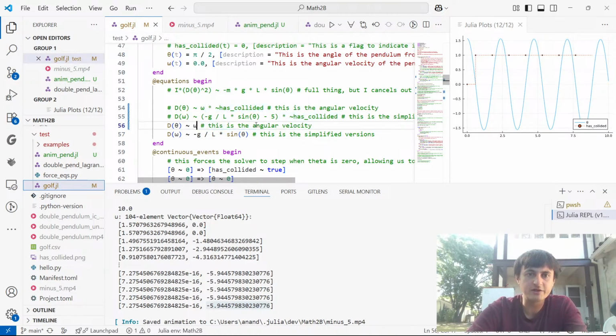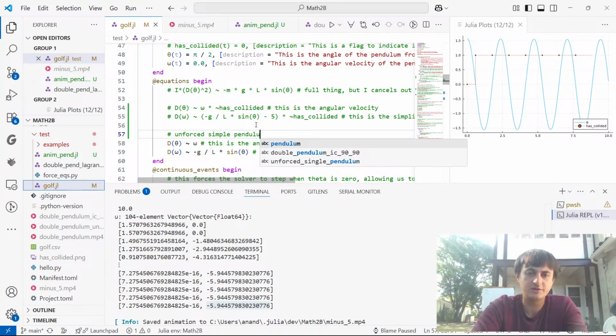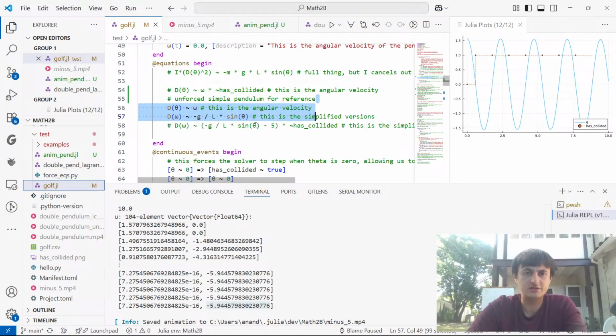So these are the original equations, the unforced simple pendulum for reference. Okay, so we can just take these and move this up here.